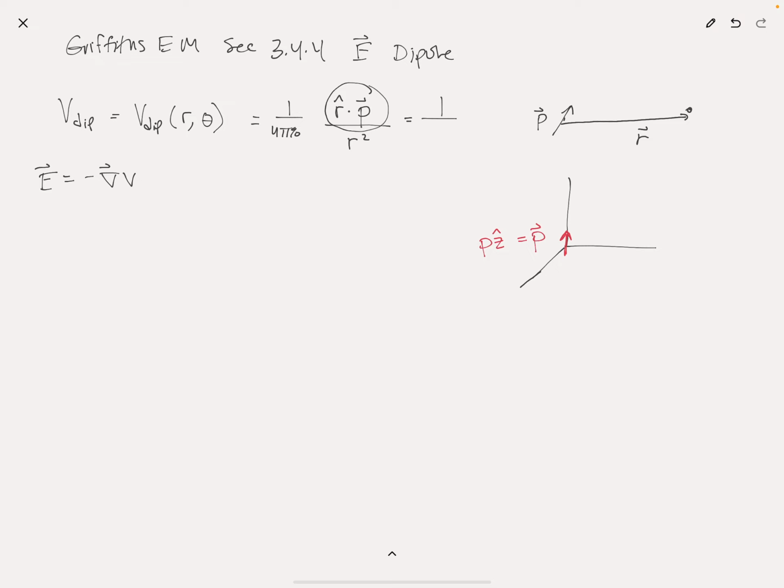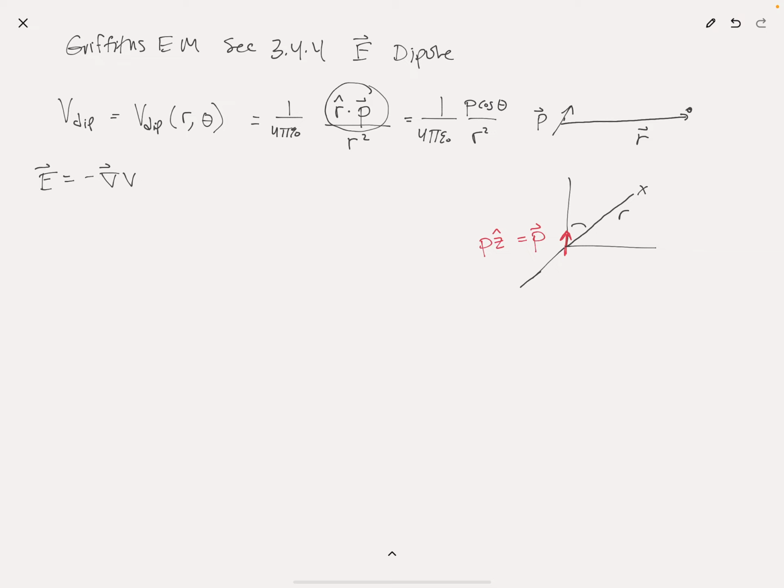It is 1 over 4 pi epsilon naught r squared. Now if I have some random point in space at which I want to evaluate the field, this vector here is r, and the angle between these is just our polar angle that we've defined via spherical coordinates. So that is going to be the magnitude of p times cosine theta.